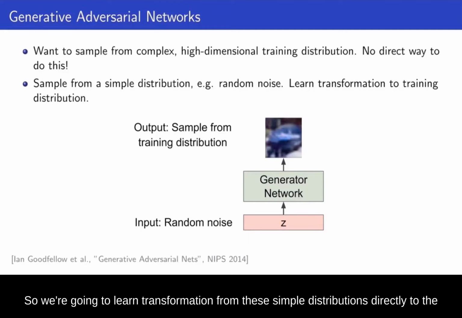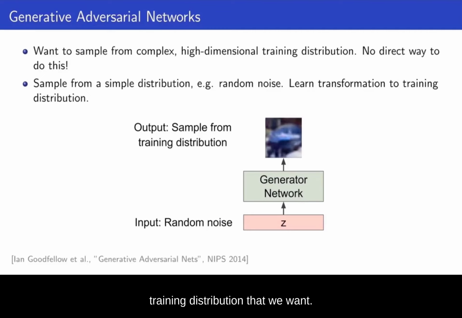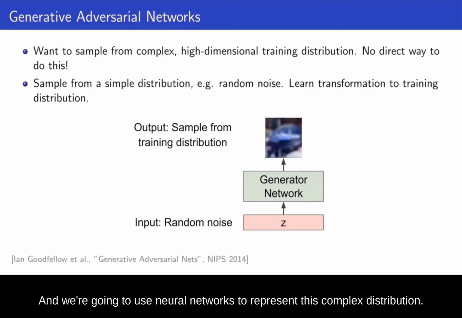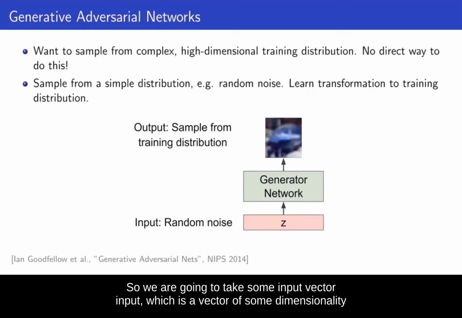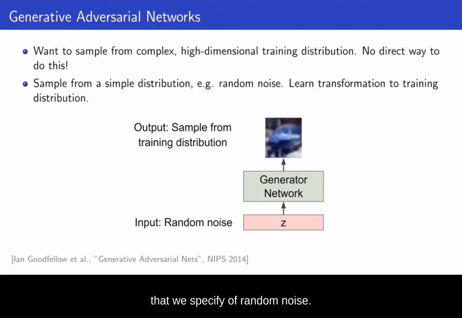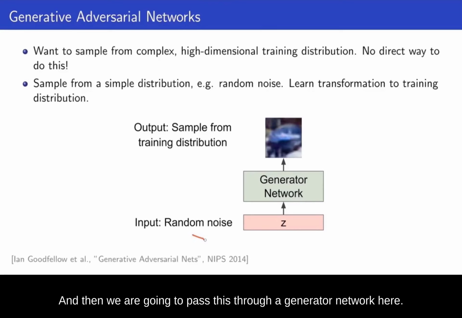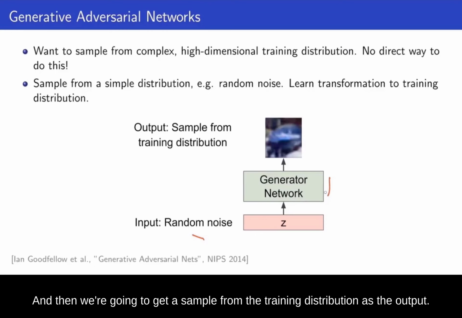We are going to learn a transformation from these simple distributions directly to the training distribution that we want, and we are going to use neural networks to represent this complex transformation. We take some input vector of random noise, of a dimensionality that we specify, and pass it through a generator network, and we get a sample from the training distribution as the output.